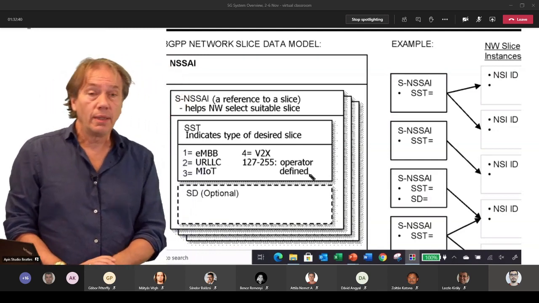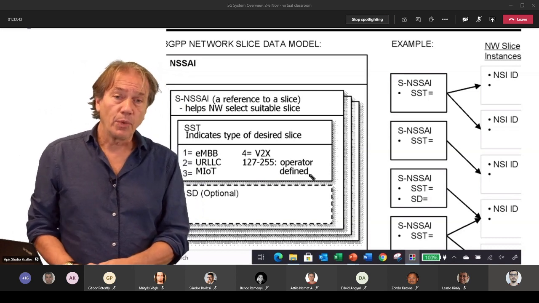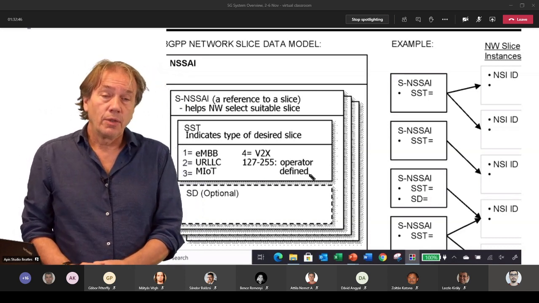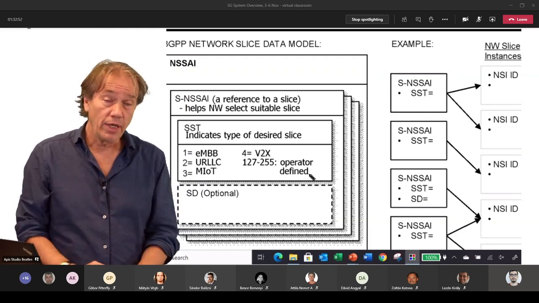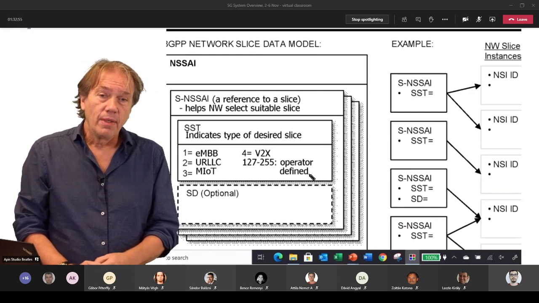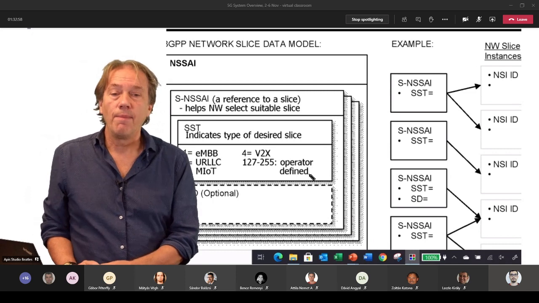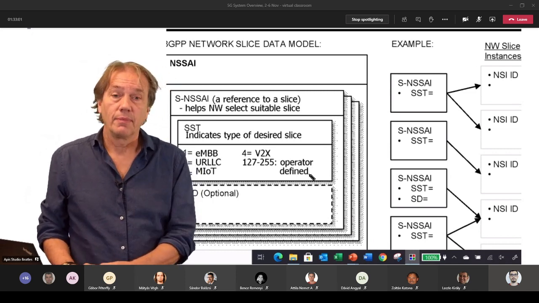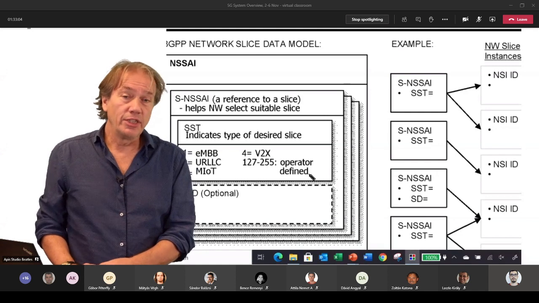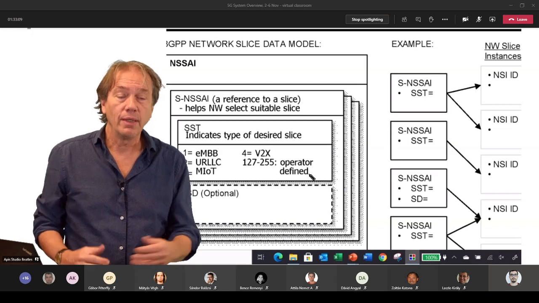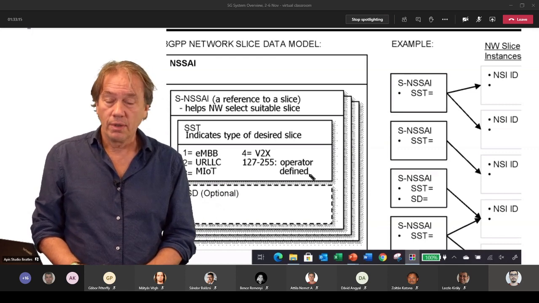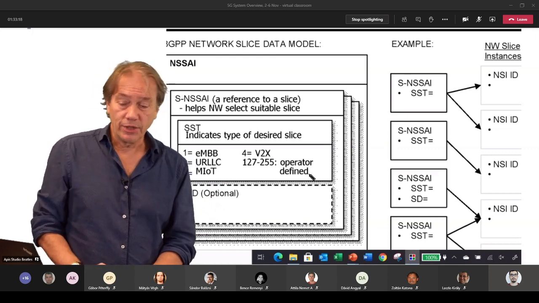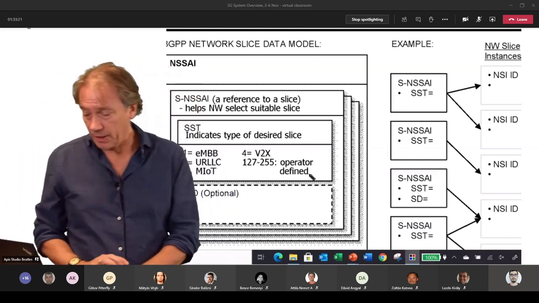So in Sweden, if we want to have a network slice for cross-country skiers in northern Sweden, it's perfectly okay to define such a network slice. In the United States, if they want to have a slice for cowboys, a US operator can define an SST value for the cowboy slice, or yeah, you get the picture.